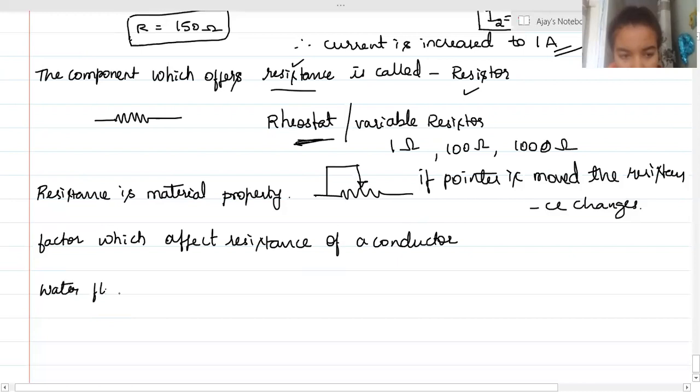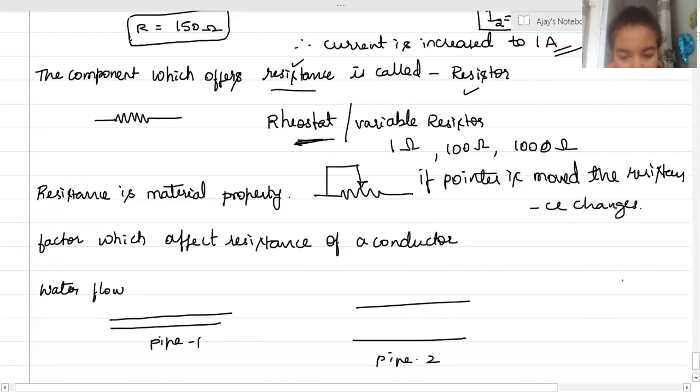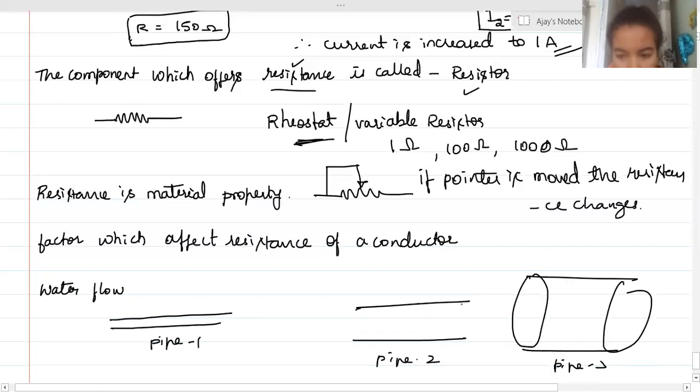Here I have a very small pipe 1, pipe 2, and pipe 3, in which water will flow very easily. Pipe 3, why?